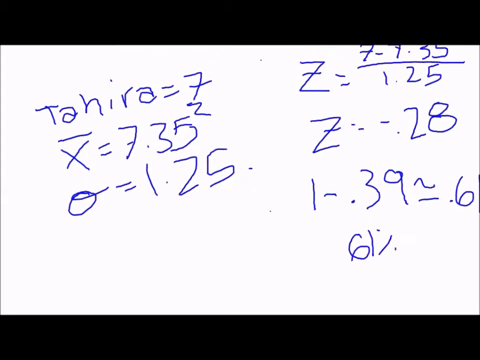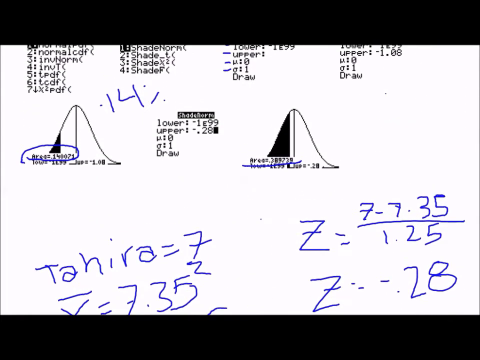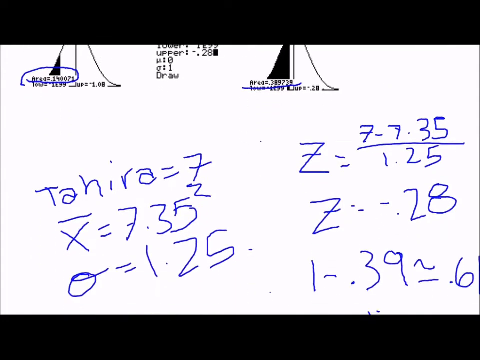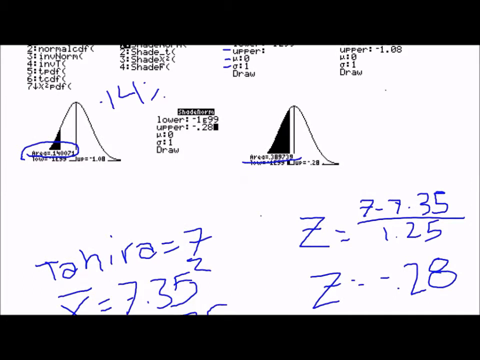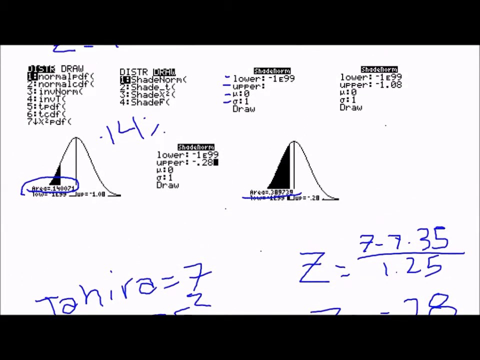Another way to find this, which I think is also faster, is to switch the upper and the lower. We want the upper to be infinity, and the lower to be minus 0.28. That gives us the amount more than that number of standard deviations.